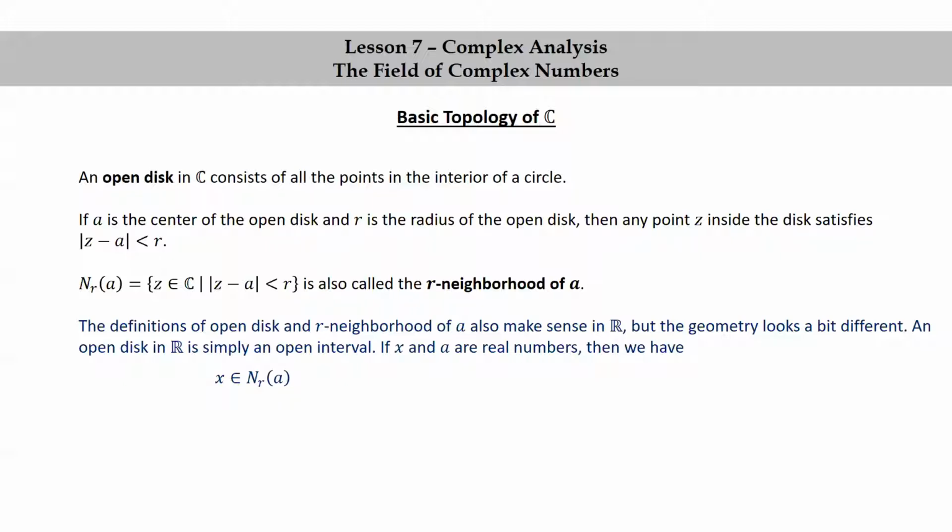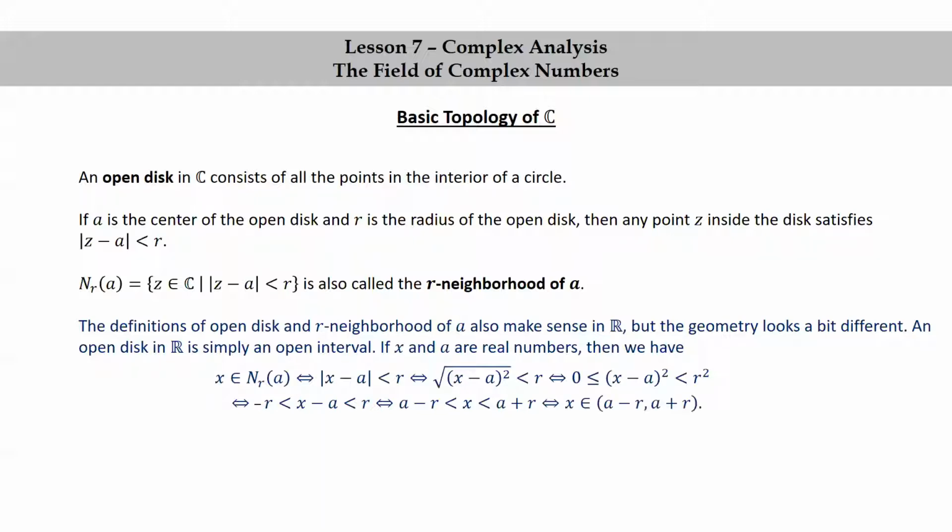If x and a are real numbers, then we have x in the r neighborhood of a if and only if the distance between x and a is less than r, if and only if the square root of the square of x minus a is less than r, if and only if 0 is less than or equal to the square of x minus a is less than r squared, if and only if x minus a is strictly between negative r and r, if and only if x is strictly between a minus r and a plus r, if and only if x is in the open interval from a minus r to a plus r.